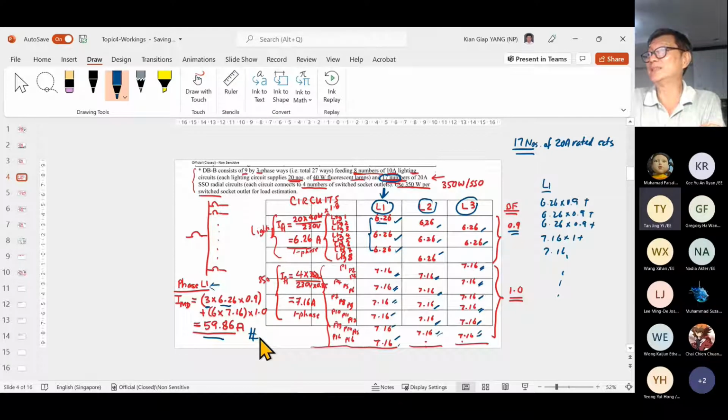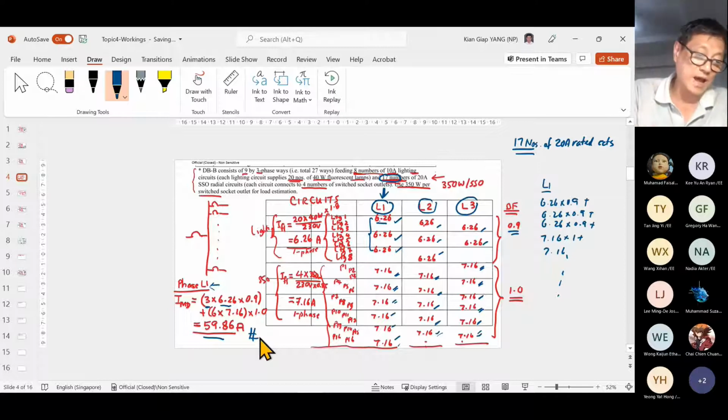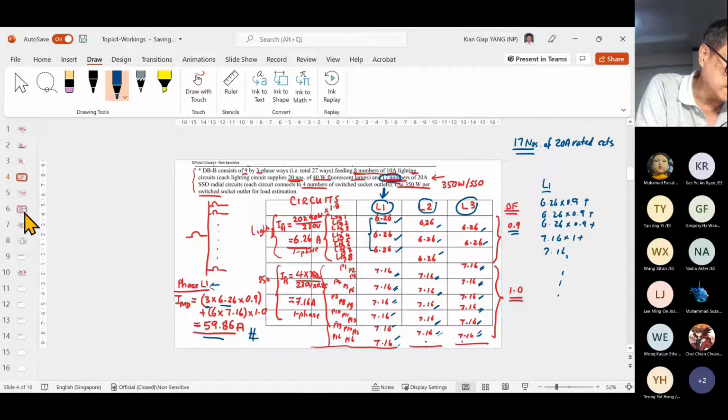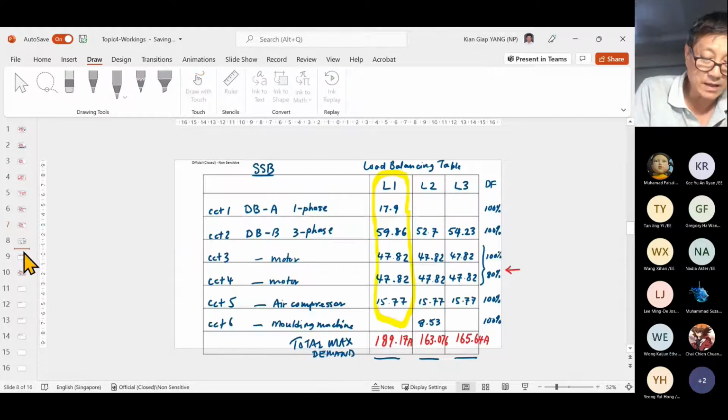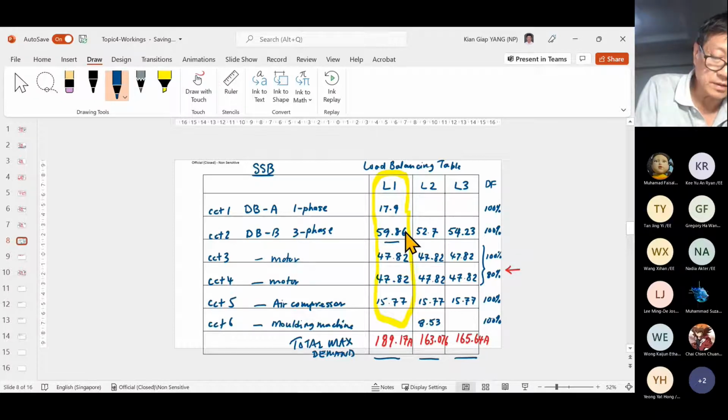Yeah. So this is how I have to do this mini load balancing so that I can transfer the maximum demand to my main calculation. When I come back the main board, right? Notice that value all come from there. These values, this value I take from the earlier calculation.